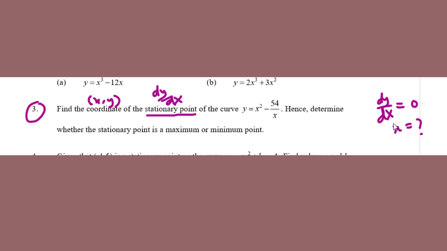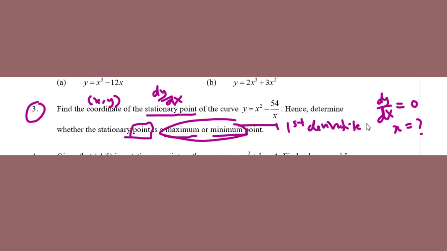From this value, check whether the point is a minimum or maximum. To test this, we can use the first derivative test or the second derivative test. So let's discuss both.